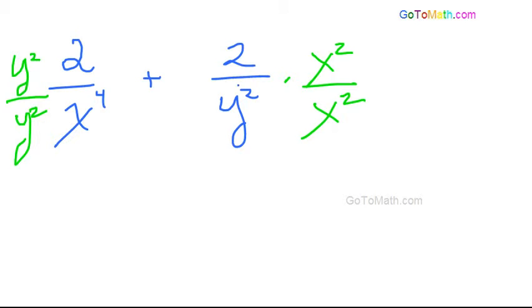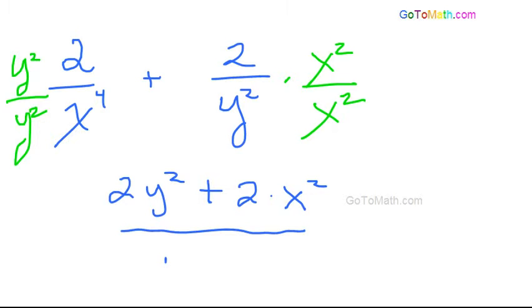Okay, well, let's just add the numerators now. So we have 2y squared plus 2 times x squared, and that's all going to be all over y squared times x to the fourth.